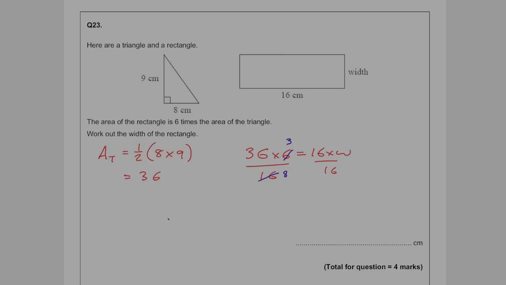So 36 divided by 4 is going to be 9 and 2. And that just makes my calculation a little bit more simple. So 9 times 3 is going to be 27. Divided by 2 is equal to the width. So we're looking at 13.5 is equal to the width.